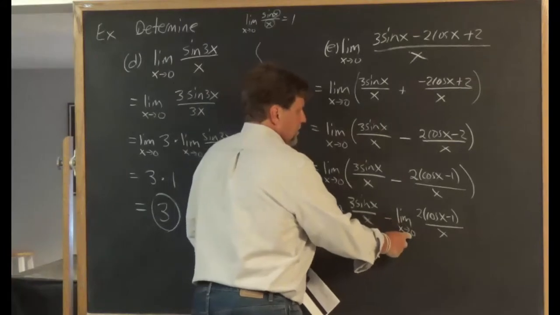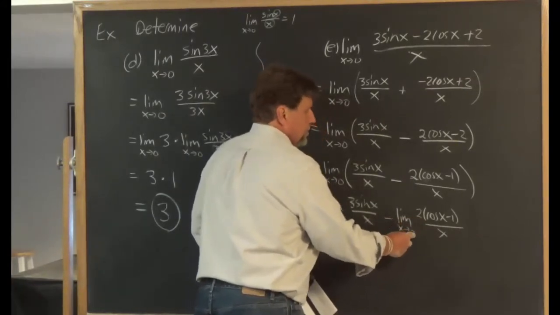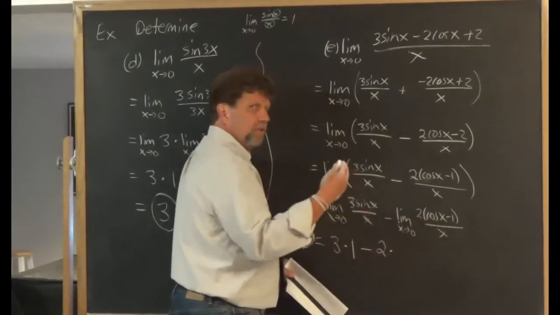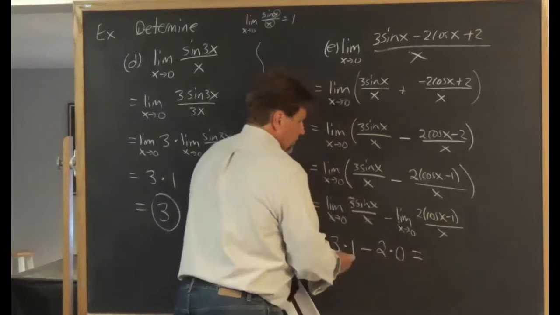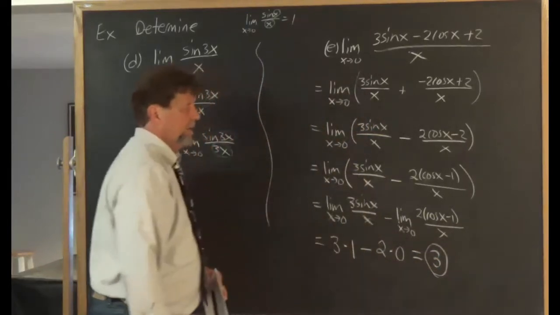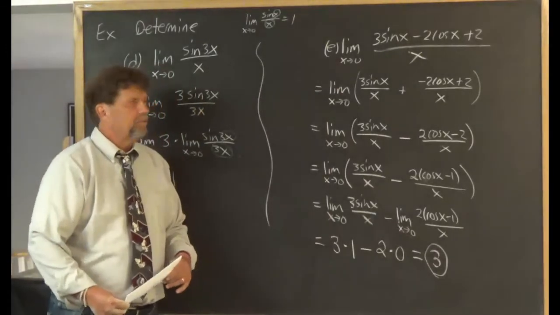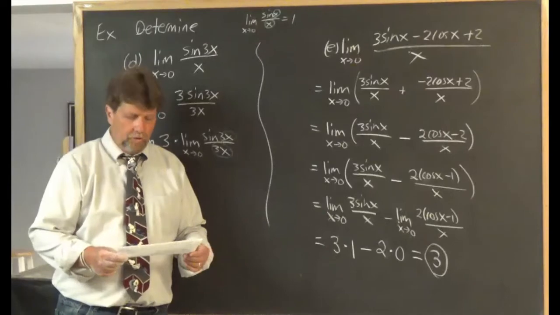The limit as x approaches 0 of 2 is 2. The limit as x approaches 0 of cosine x minus 1 over x is 0. So 3 minus 0. That limit is 3. Part E was kind of cool. In part E we had both of those special trig limits.